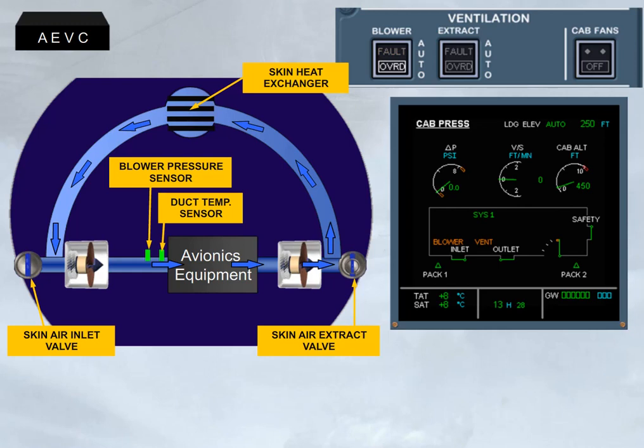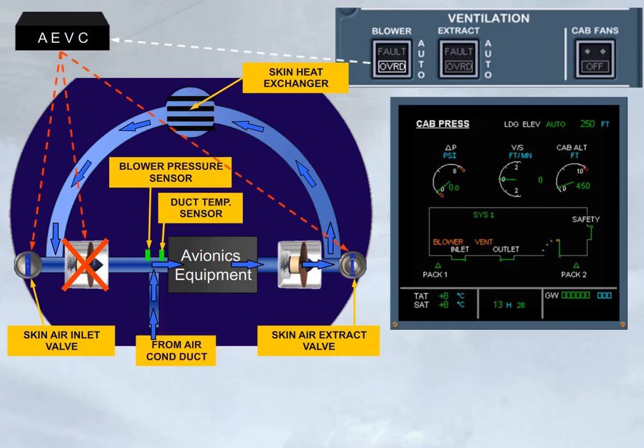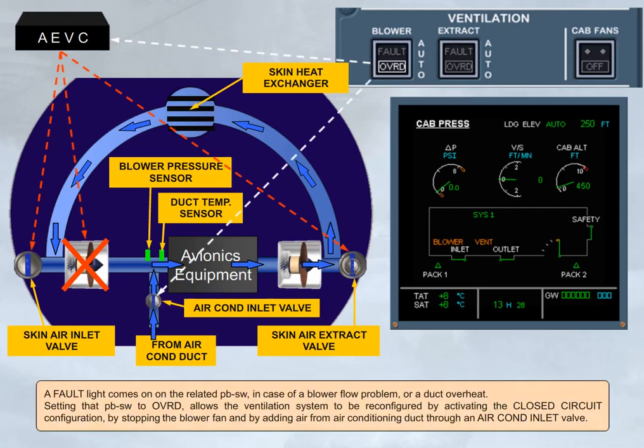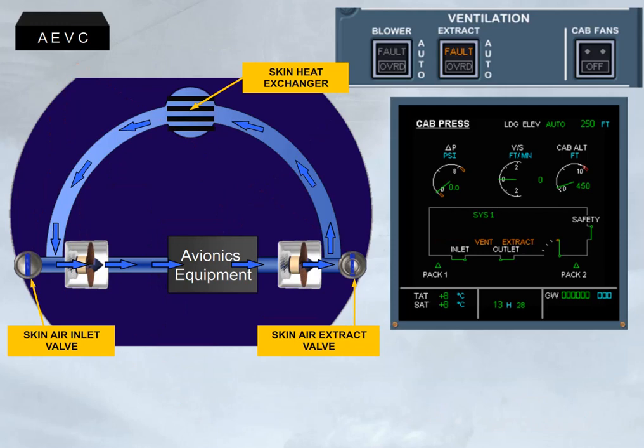Setting that push-button switch to override allows the ventilation system to be reconfigured by activating the closed circuit configuration, by stopping the blower fan, and by adding air from the air conditioning duct through an air conditioning inlet valve. A fault light comes on the related push-button switch in case of an extraction flow problem.